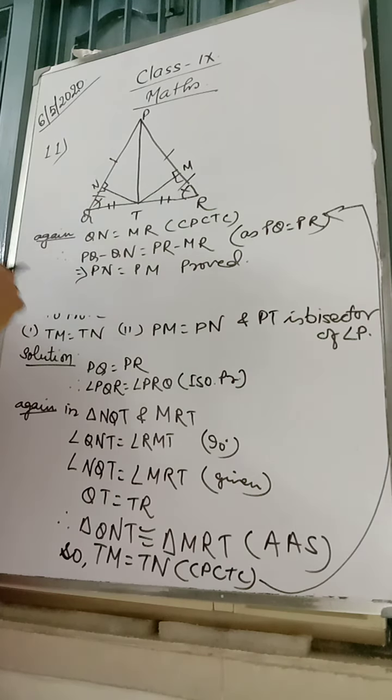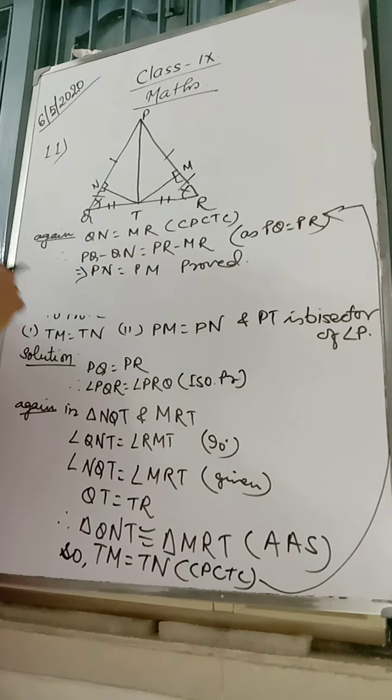Now solution. In triangle PQR, PQ is equal to QR, so angle QPR will be equal to angle QRP, isosceles property.